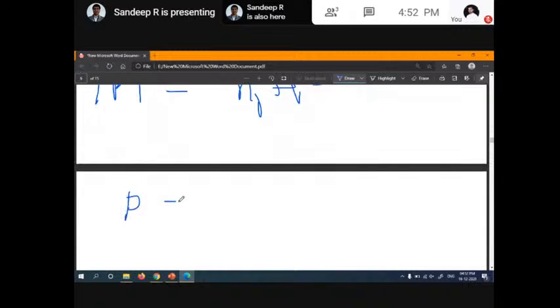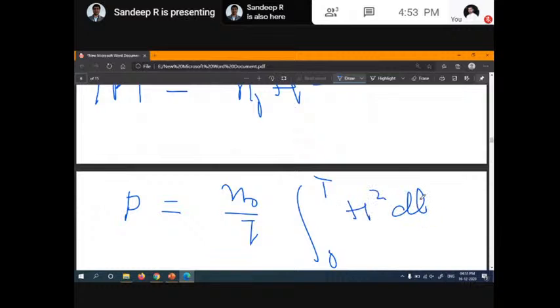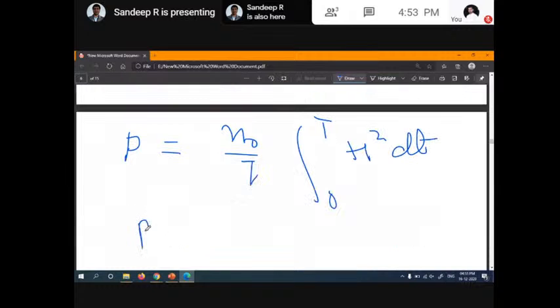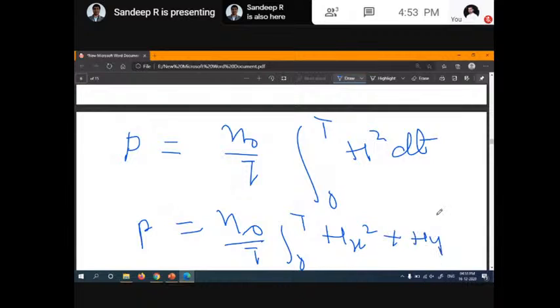Average power is given by the expression eta naught by T, integral from 0 to T of H square dt. So you have to take the magnitude of H and square it. H has 2 terms, one is the x term and another one is the y term. So you'll get Hx square plus Hy square dt.